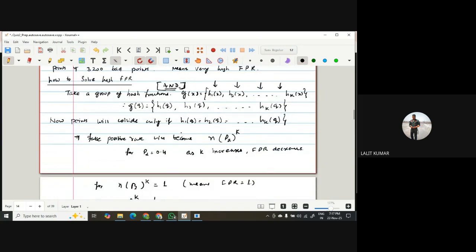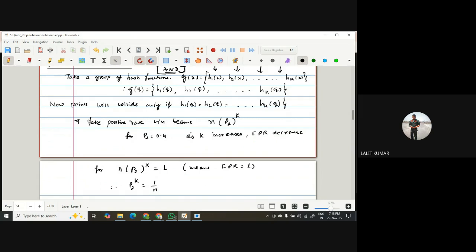Now, new points will collide only if h1(q) is equal to h2(q) is equal to hk(q), only then. And the false positive rate, in this case, will become n into p2 to the power k, because it is AND for all. So for p2 equal to 0.4, as k increases, FPR decreases.